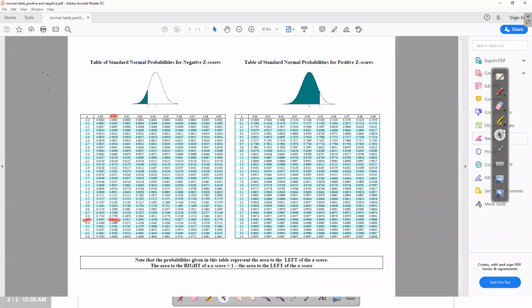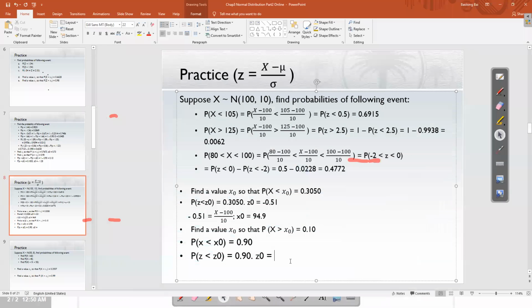So we need to find the probability of 0.9. Probabilities are all 4 decimal place values, right? So don't get confused. 0.9. So the closest we can find is 0.8997 or 0.9015. Again, you can use either one, but as long as you use one of the two neighbors, you're going to be fine. So 1.28.